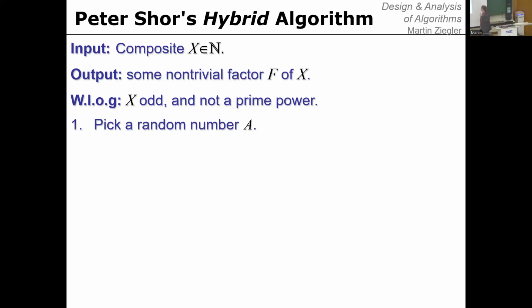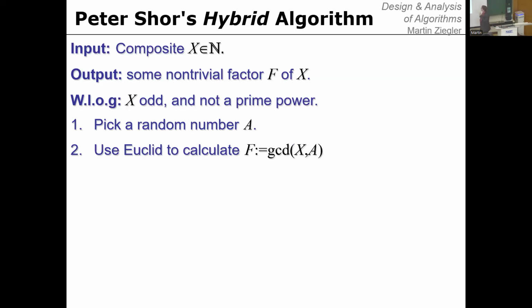First step, pick a random number. We'll discuss randomized algorithms in chapter 5, or we can use our quantum circuit with Hadamard gates to create a random, equally distributed n-bit random number.